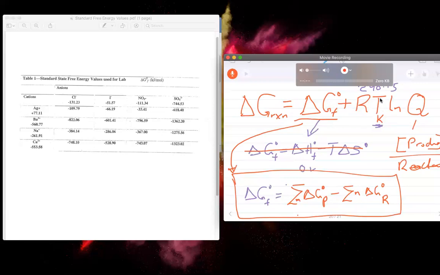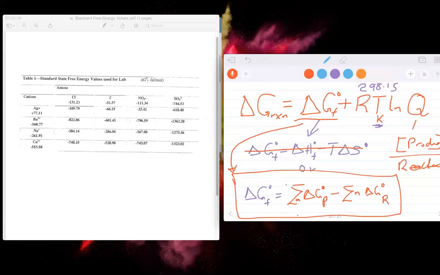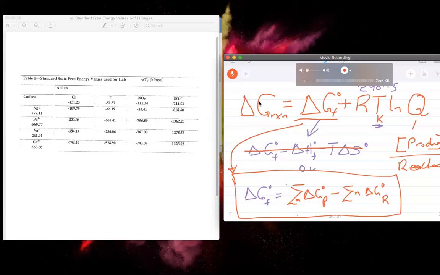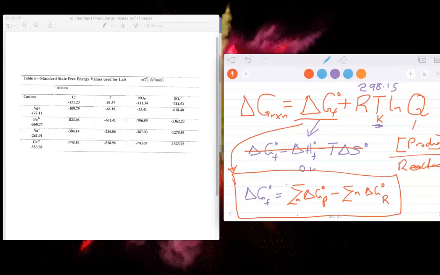So if I were you, I'll assume it is in joules and then divide by 1,000 to change to kilojoules, then add everything and see if you end up with a negative or positive value. Remember, this term right here is at non-standard state because that is the condition in the lab. We assume that now you are in the lab.